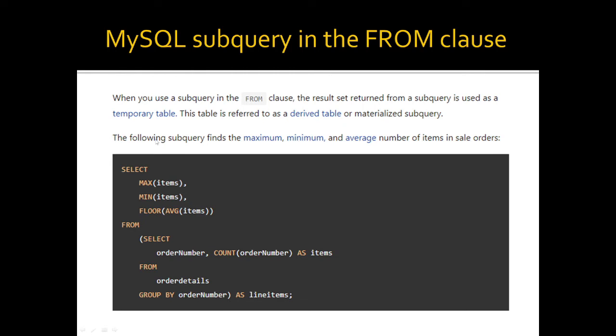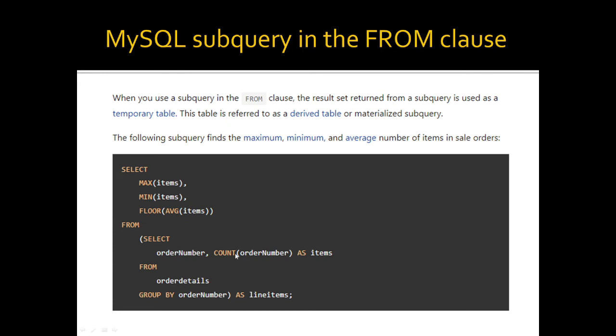The following subquery finds the maximum, minimum, and average number of items in a sales order. So this is a subquery, and then we have another query here. We select the order number and then count the items. This can have multiple values, several lines.